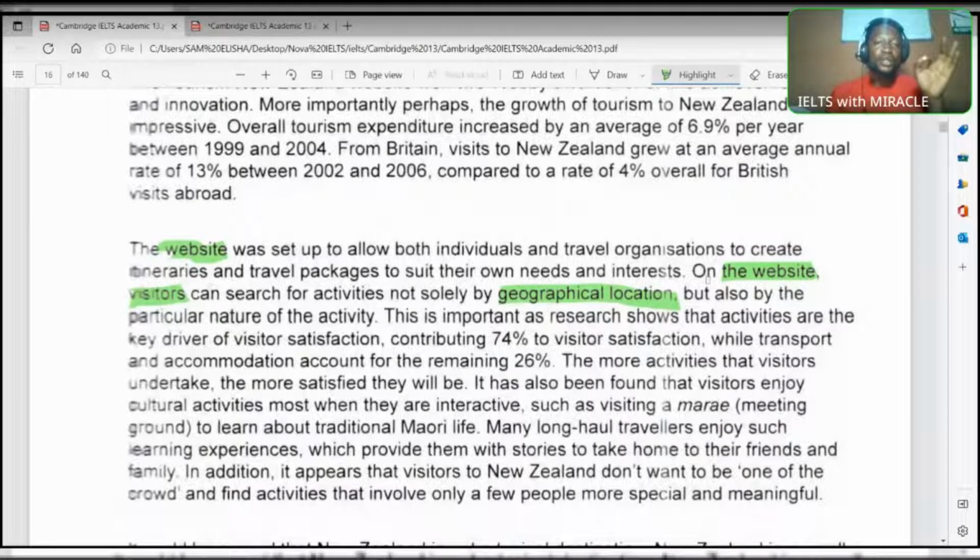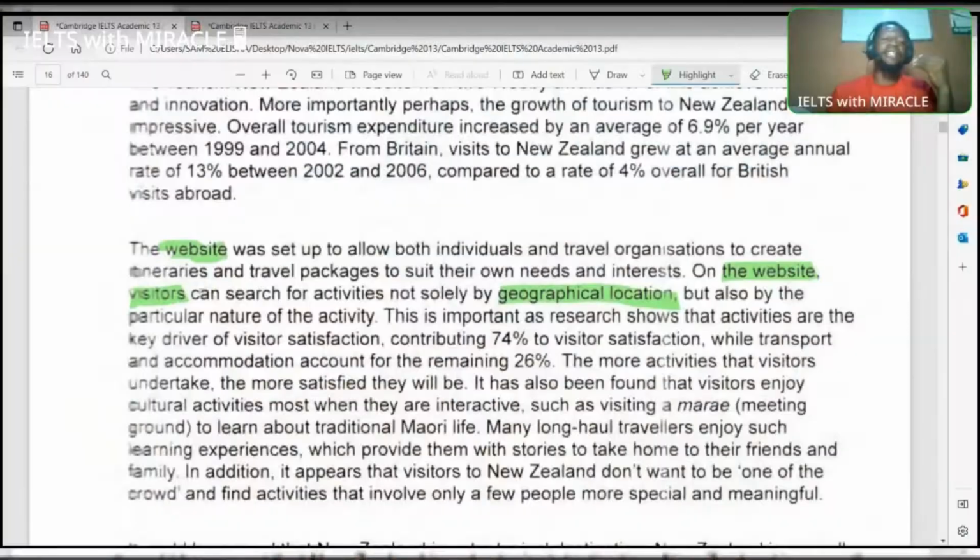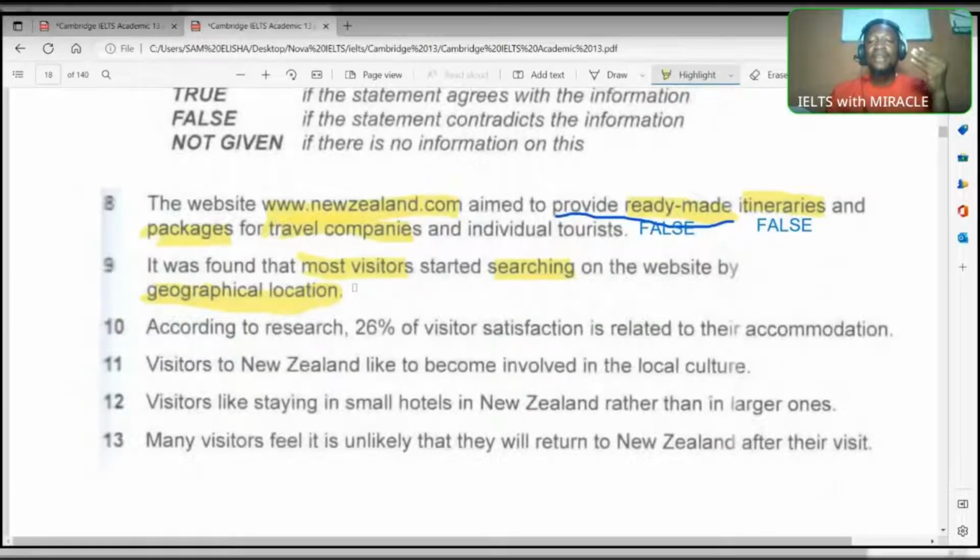And we are told that the visitors can search, but in this place, what they said, the visitors started searching. So they did not give us any information whether they had started searching or they did not start to search. So our best answer for that question is what? Not given.